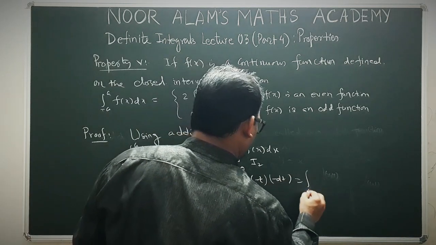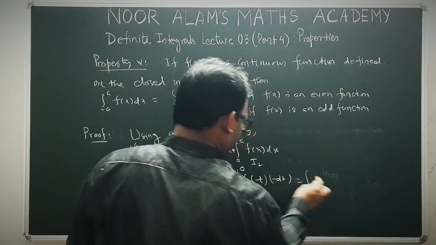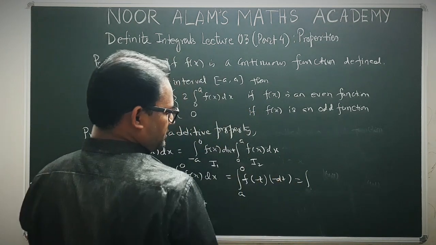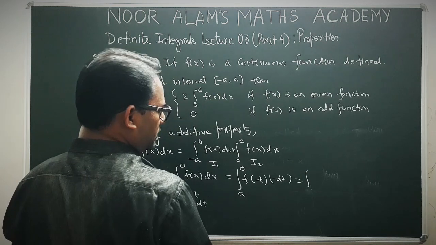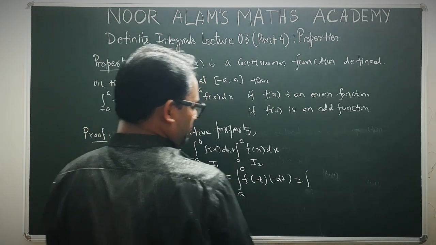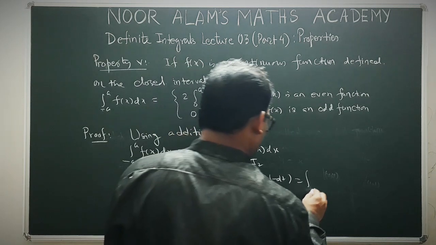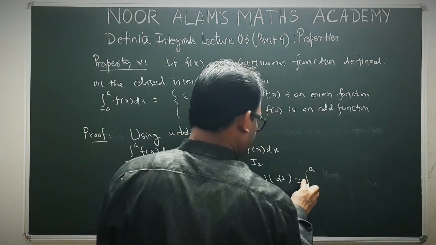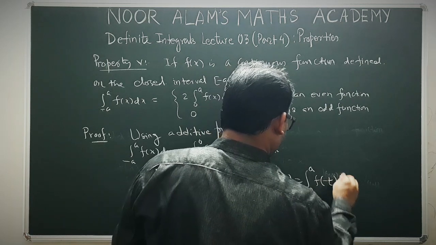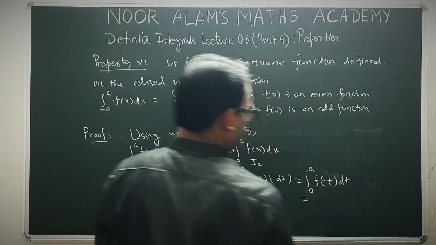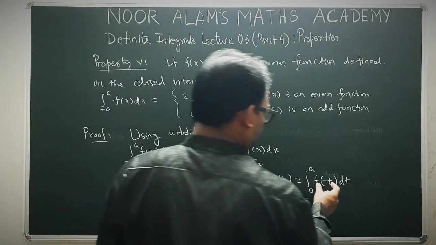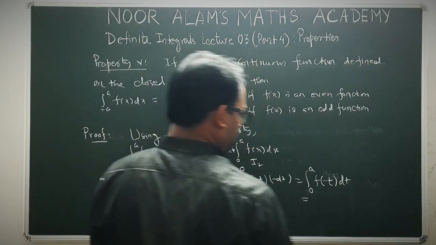So we have minus dt. Now this sign can be absorbed when we interchange the limits, because we know that if the limits of a definite integral are interchanged, then the value of the integral changes by a minus sign only. So it will be 0 to a, and one negative sign is absorbed by this negative, so we have f(minus t) dt. Now we can use property 1 again, which says that the integration is independent of change of variable.